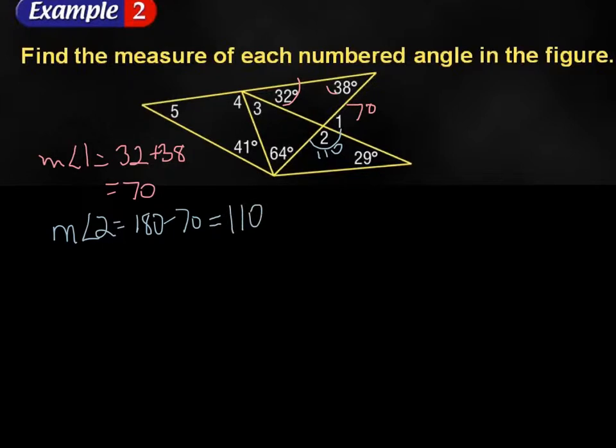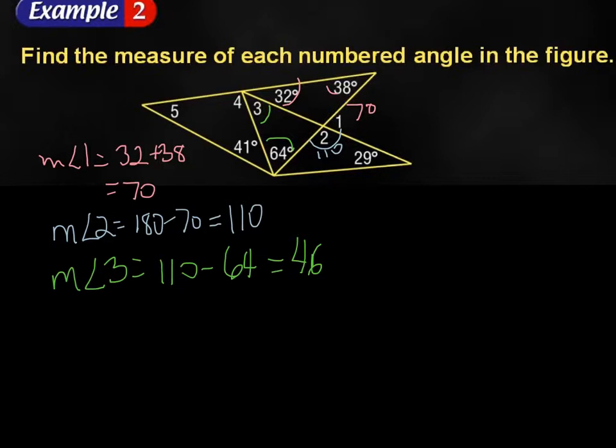Now I can see angle 2 is an exterior angle to these two interior angles here. So to find the measure of angle 3, I need to subtract 110 minus 64. I could have set it out as an algebraic equation too, I suppose, but I didn't. Okay, so measure of angle 3 should be 46.